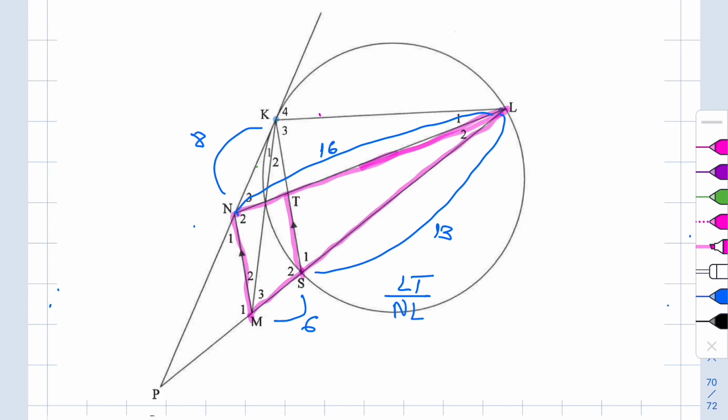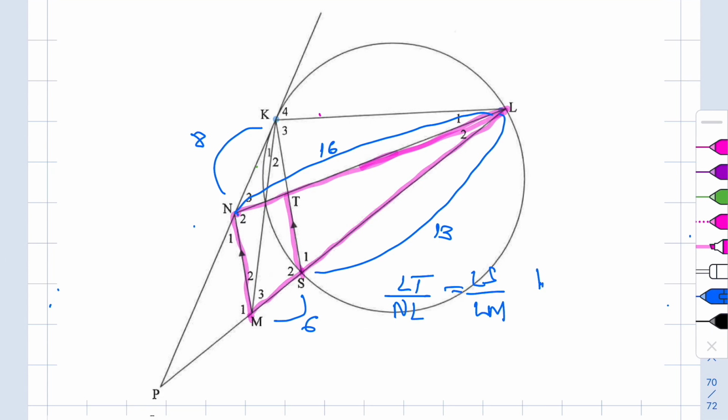In that triangle, LT corresponds to LS over, and NL corresponds to LM.